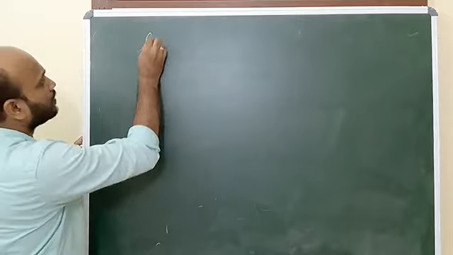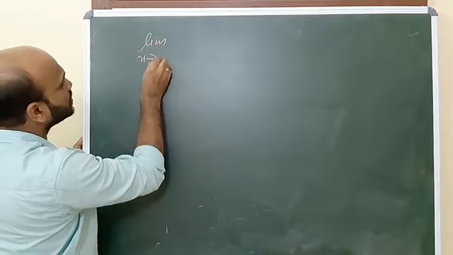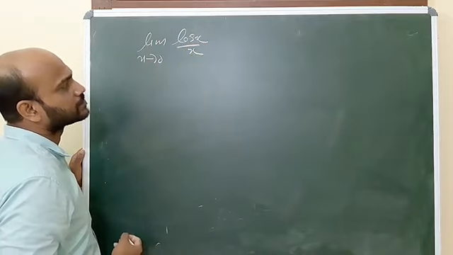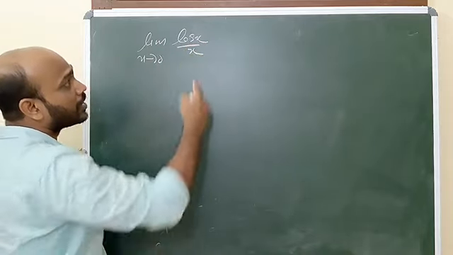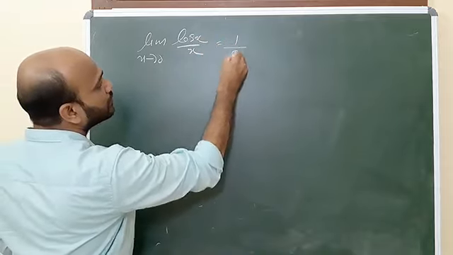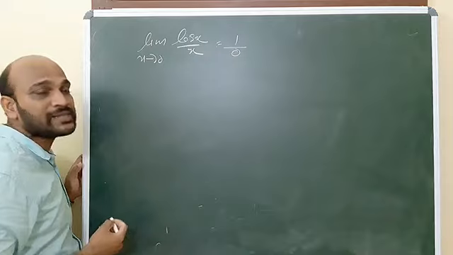What about limit x tends to 0 cos x by x? When x equals 0, the numerator will be cos 0, which is 1. What about the denominator? We get 0. That is 1 by 0 form.